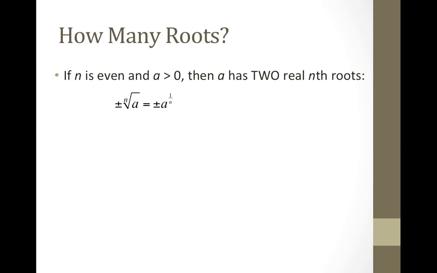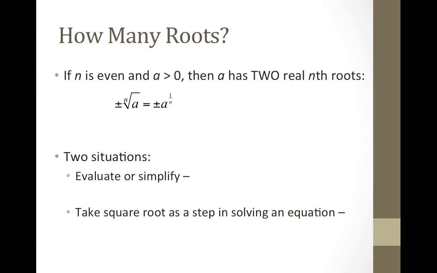So for example, if n is even, square root, fourth root, sixth root, and a is greater than 0, something positive, then we just got done saying that a would have two real nth roots. But there are two different situations where this could come up, and that's going to dictate just how many of those roots we're really interested in. One situation is if we are trying to just evaluate or simplify the expression.